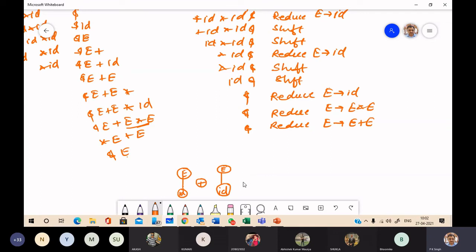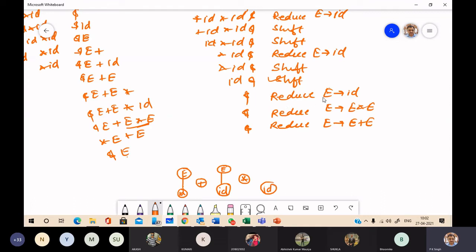Then again asterisk is to be shifted, leaf node. Then ID is to be shifted, leaf node. Here we are shifting ID at this position.